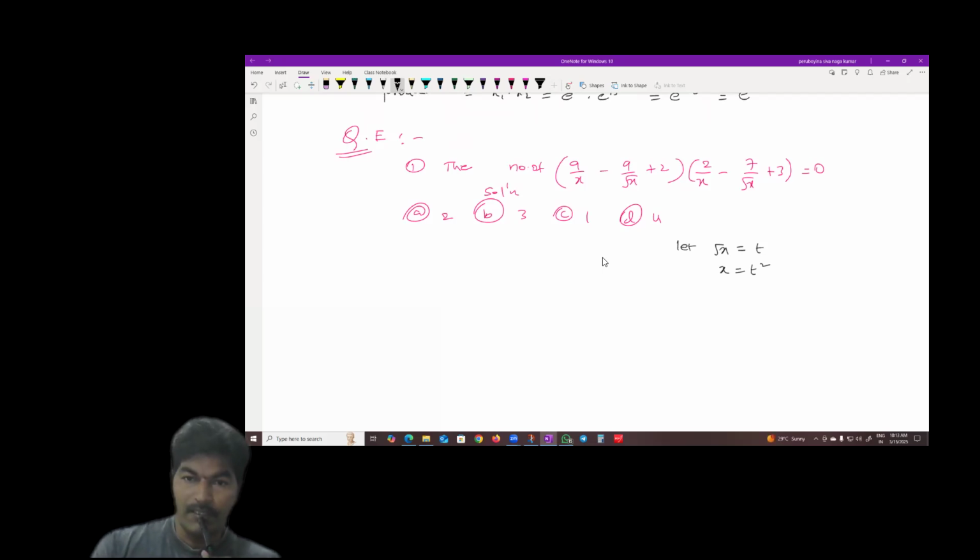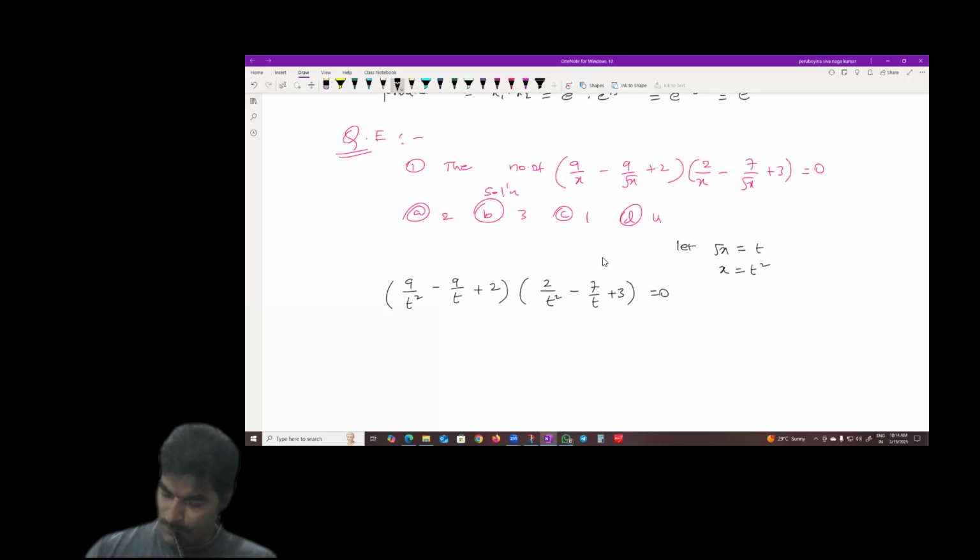Then the given equation will be 9 by t square minus 9 by t plus 2 multiplied by 2 by t square minus 7 by t plus 3 is equal to 0.